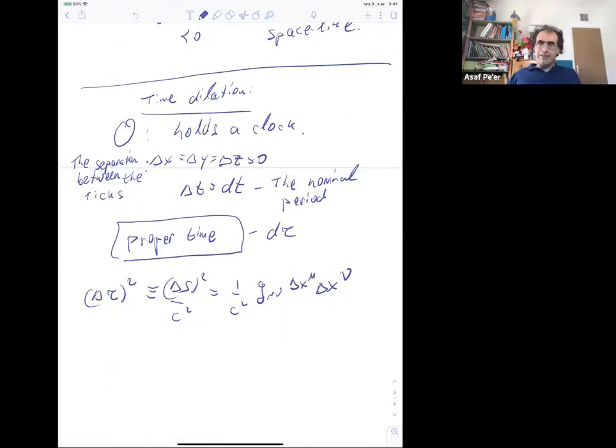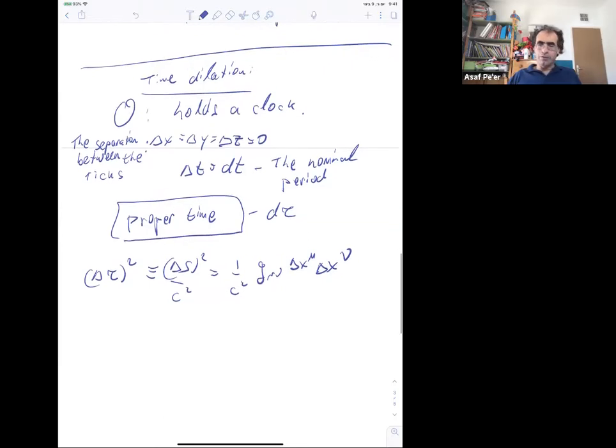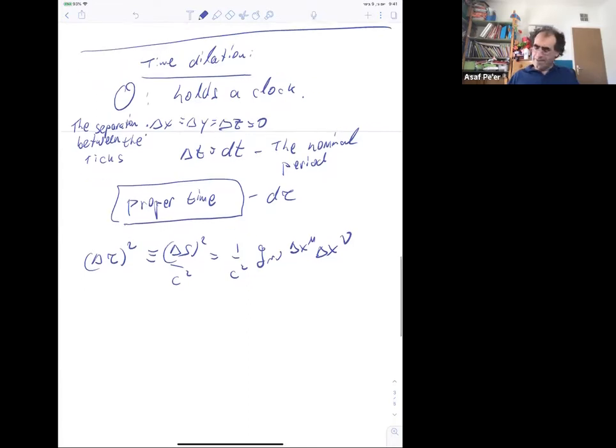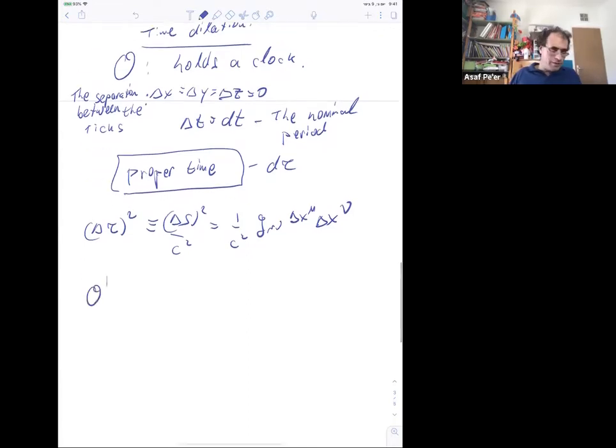Now we have a second observer, O prime, who's seeing me moving. I'm carrying the clock with me, sitting in a train and moving. So the second observer, O prime, sees the clock moving at some velocity v.